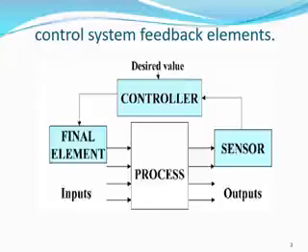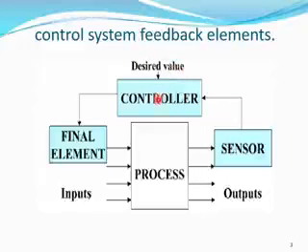Suppose this is a process, and these three are the 3 elements of control: the sensor, controller, and final element. The sensor senses the variable. It has a transducer in it. It creates a signal, electrical or whatever, and sends it to the controller.